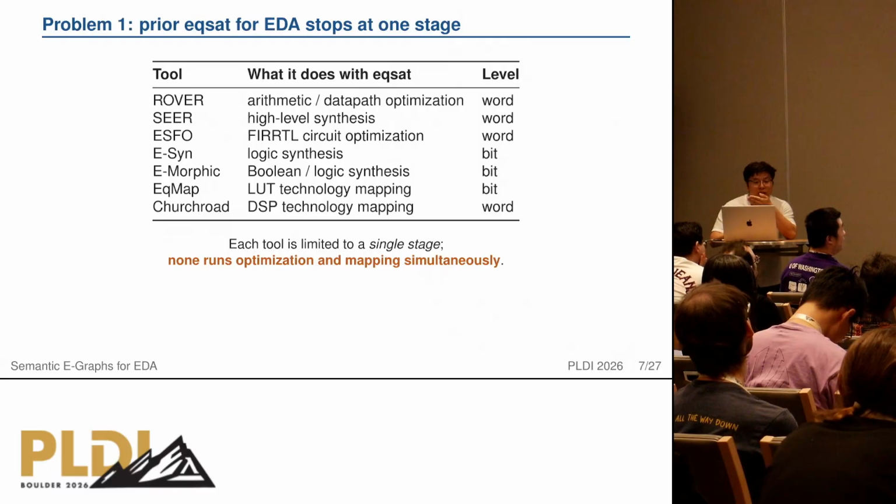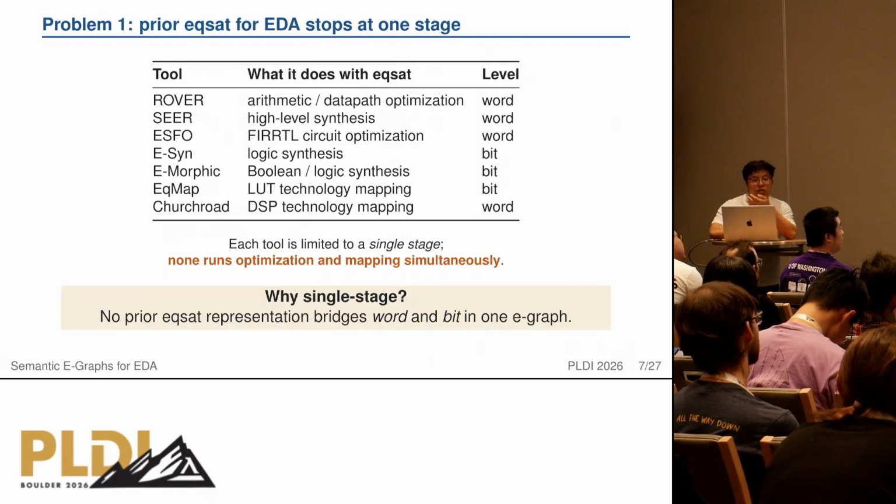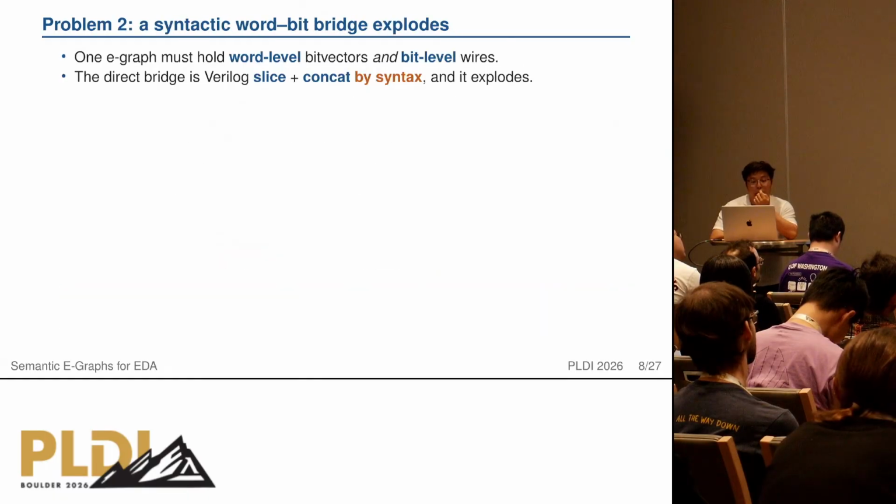They work for a specific optimization goal and work only at one level, and none have been run on both optimization and mapping simultaneously, and none on both word and bit level. So our take is that there are no prior eqsat representations that can really bridge the word and bit level in one e-graph.